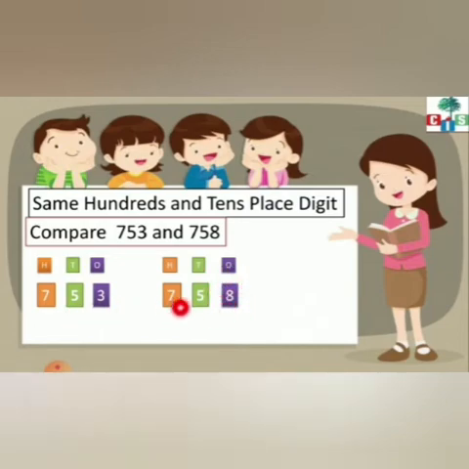So which number is bigger? 8 is the bigger one. So 758 is greater than 753. When we are comparing, if the hundreds are the same, we will check tens. And if tens also have the same number, then we will check the ones number. Okay, now let's move to the next slide.